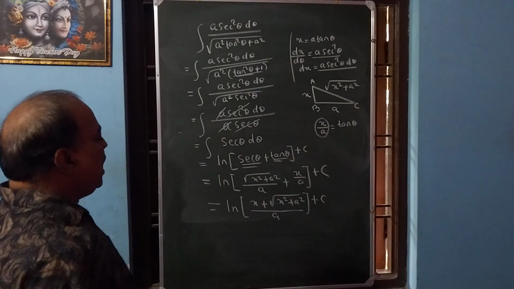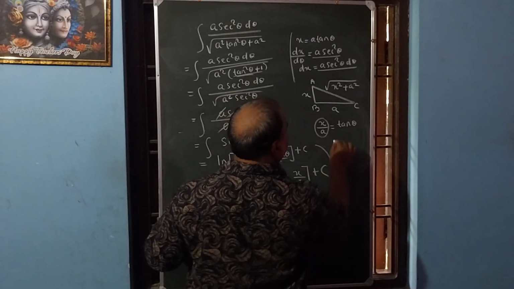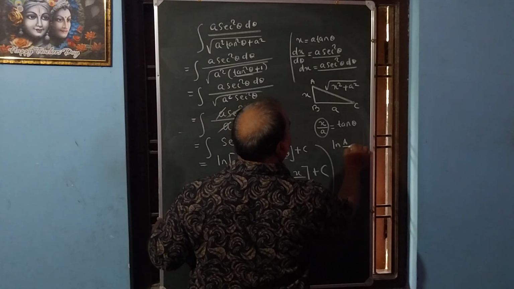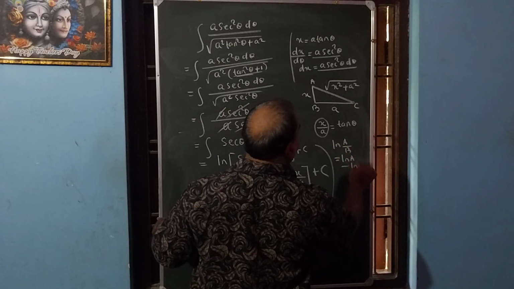Now we know that ln a by b is equal to ln a minus ln b.